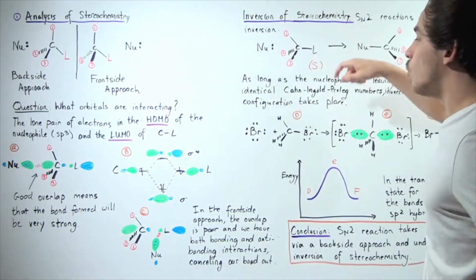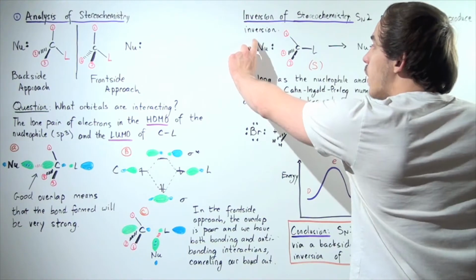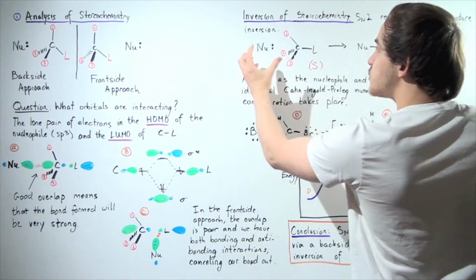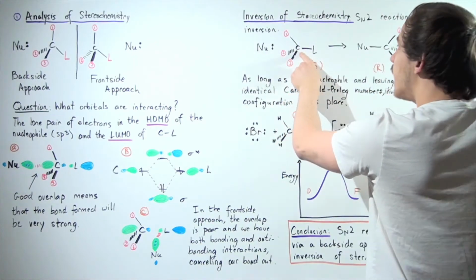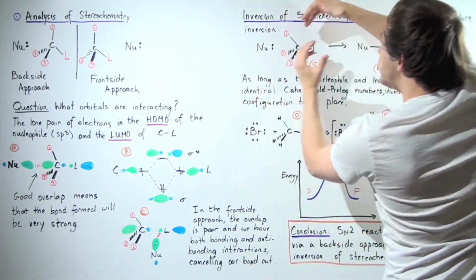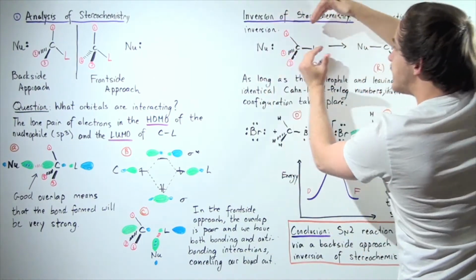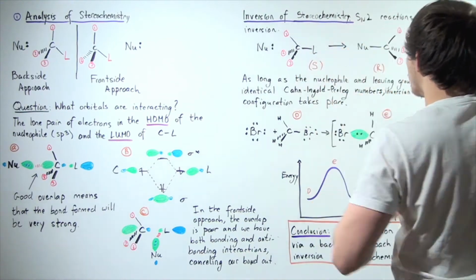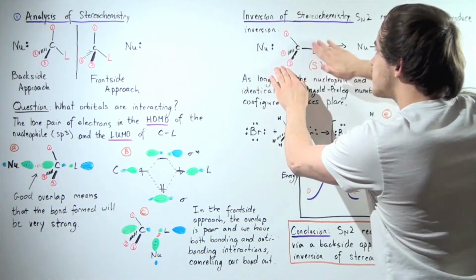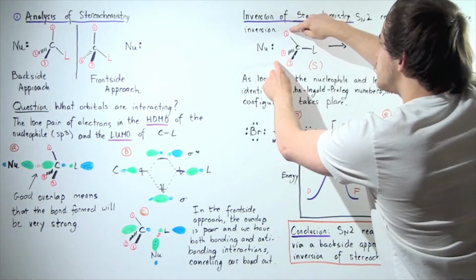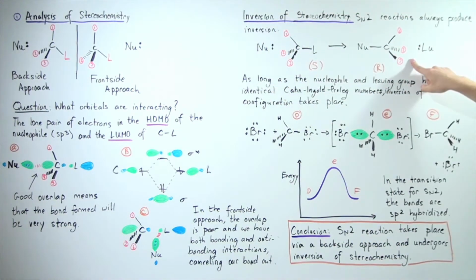Our molecule will invert because when this nucleophile approaches, when this pair of electrons approaches this carbon, our atoms 1, 2, and 3 will invert to this side. And when they invert, they will kick off this L group, this leaving group. And so we will go from this figure to this inverted figure.